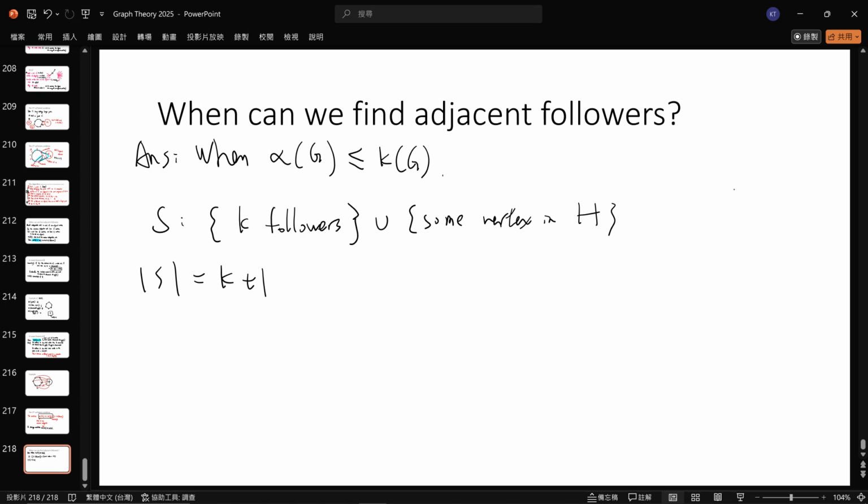So K plus 1 is at least kappa G plus 1, okay? Because we've shown that kappa G is a lower bound of K. So this implies that S has an edge, right? Because the size is greater than the size of the maximum independent set.